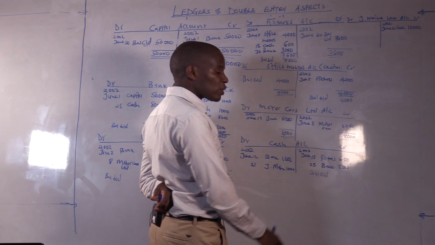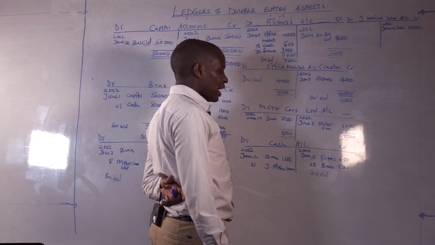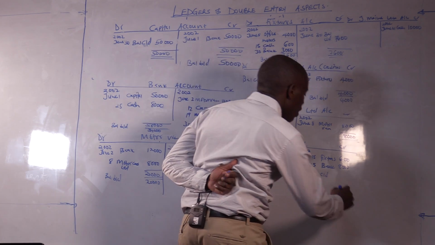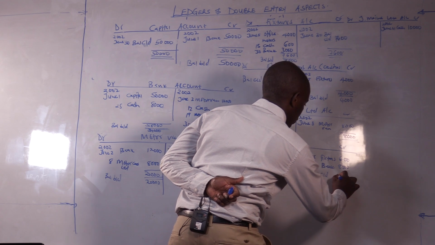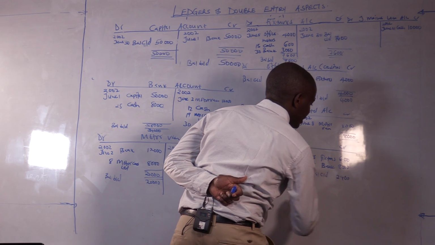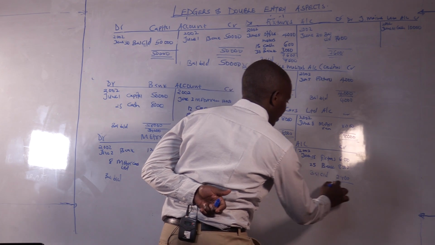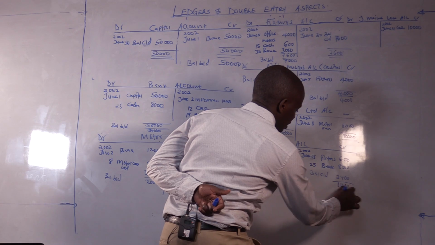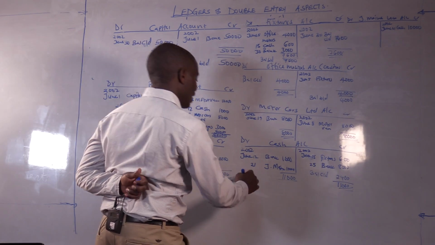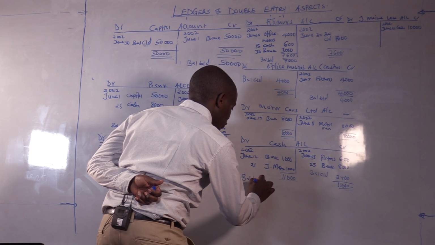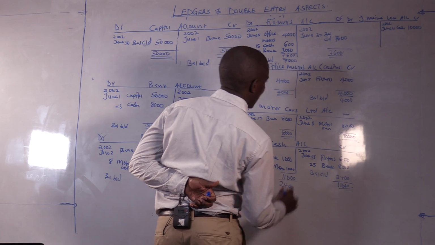So 11,000 minus 8,600 shall give us 2,400, just like that. So it gives us 11,000 like that. Whatever we have carried down, we bring it forward. So you shall have balance brought down is 2,400.